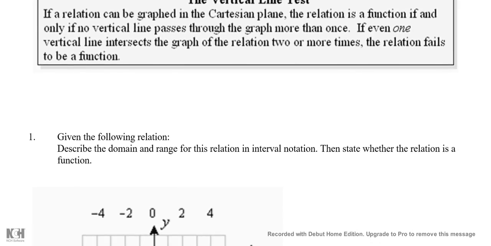And for instance, if I had the following graph, and it was a graph of a circle, let's say. If I draw a vertical line through that circle, I hit this graph more than once. I hit it there and there. That means this is not a function.